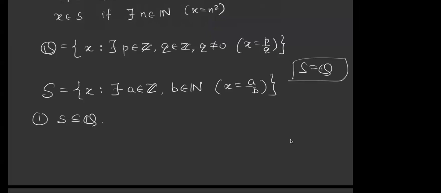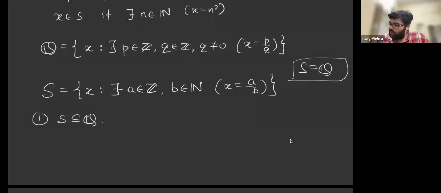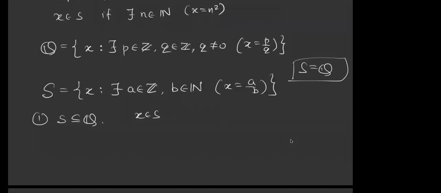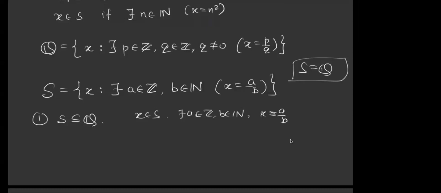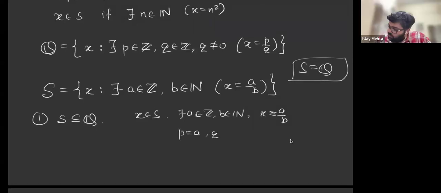We took an arbitrary element of S and showed that it belongs to Q. If I take any x in S, then x is of the form A upon B by the definition of S. So there exists A an integer, B a natural number, and x is of the form A upon B. Now we can choose P equal to A and Q equal to B.